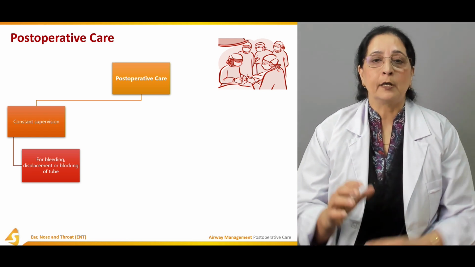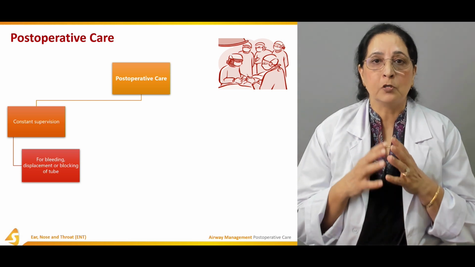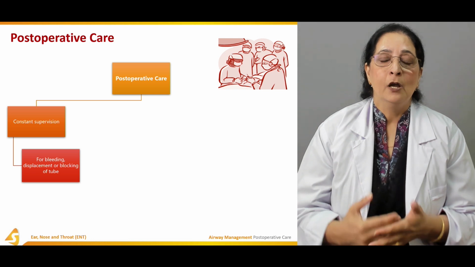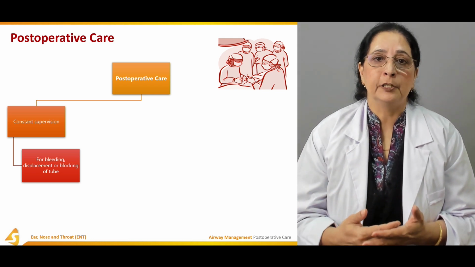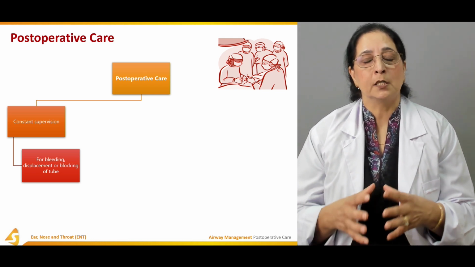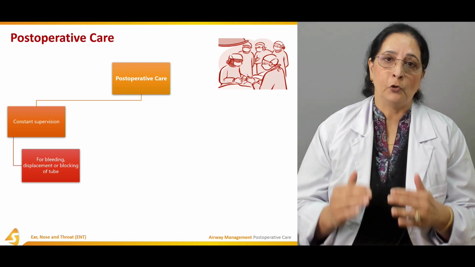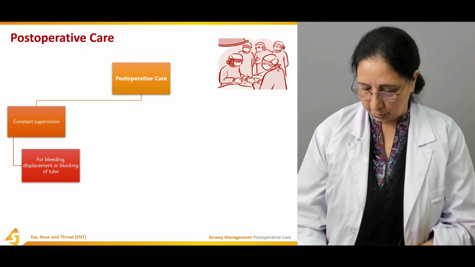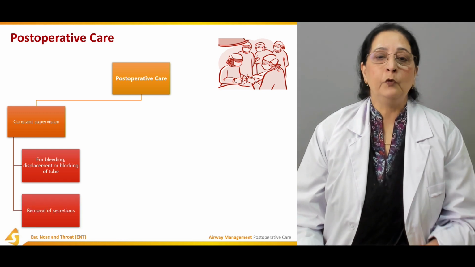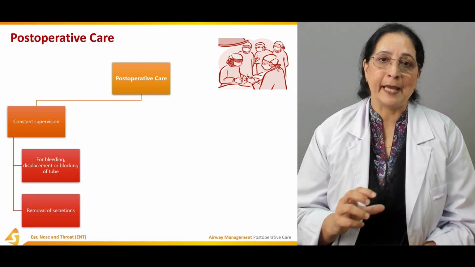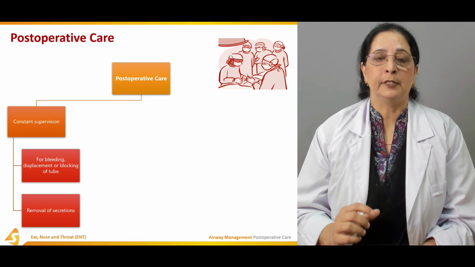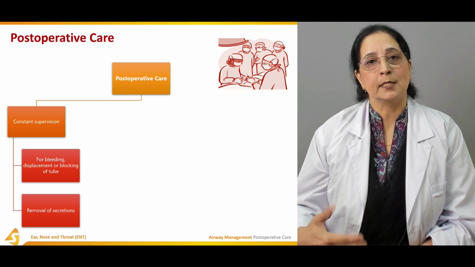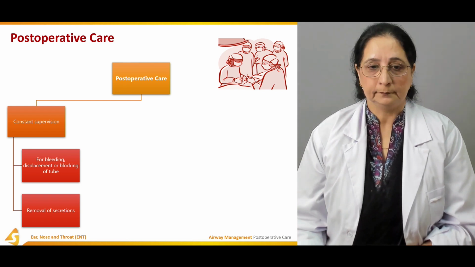It's very important that we do close observation of the patient, because if there is bleeding or if there is blockage of the tube, it can cause breathing problems. So close observation is very, very important after the procedure. Removal of any secretions that can cause obstruction of the tube is done constantly after the procedure.